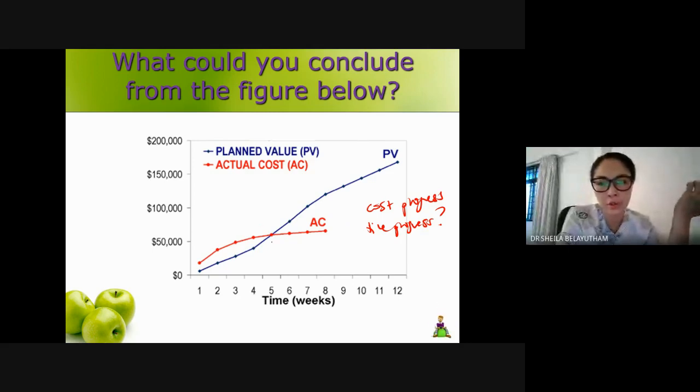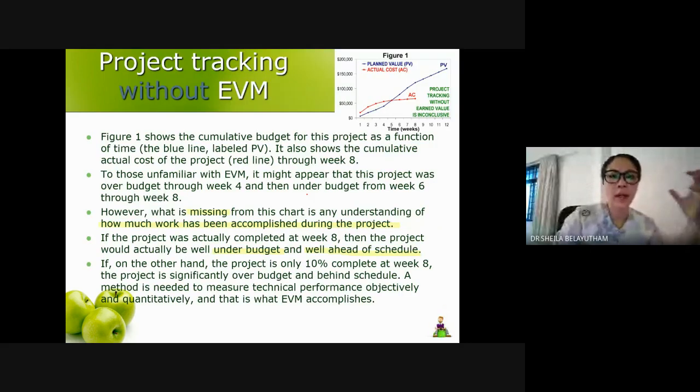So what we can see from this graph is where it lacks the progress. The time progress, the progress on site, we cannot observe. You can observe the cost, but you cannot observe the actual progress on site. So that is the current constraint.